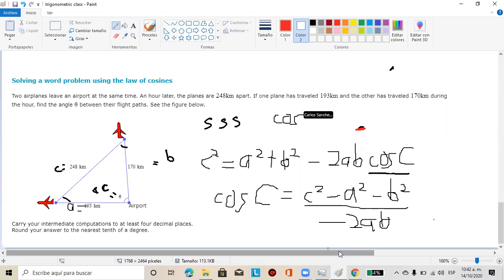Cosine of C is equal to 248 squared minus 193 squared minus 170 squared, divided by 2 times 193 times 170.